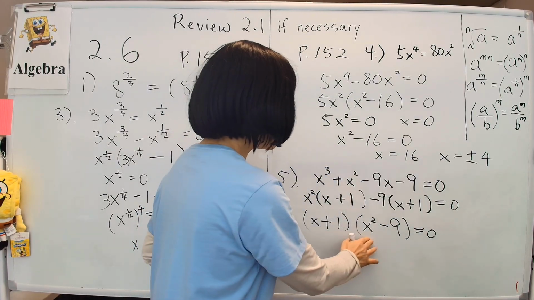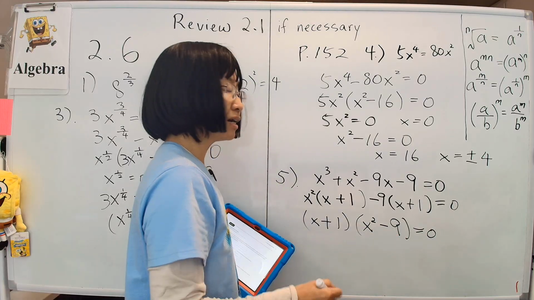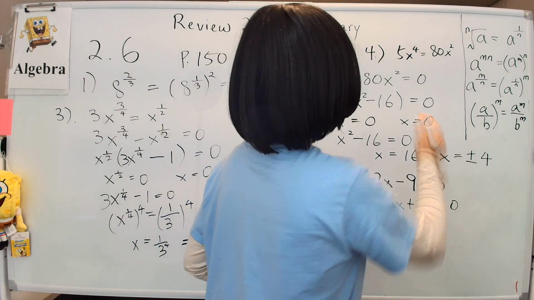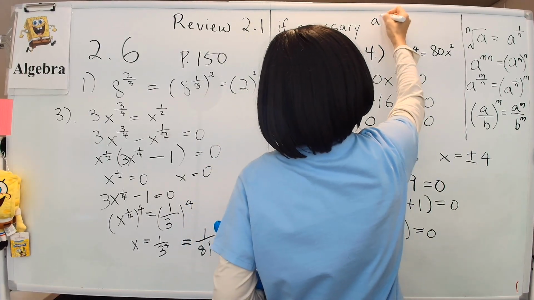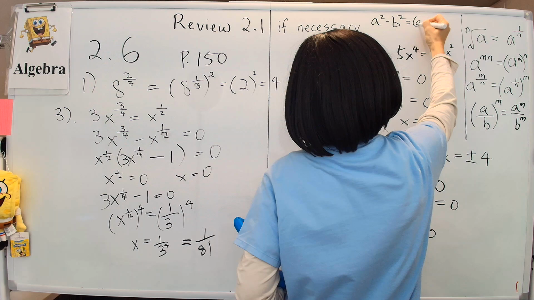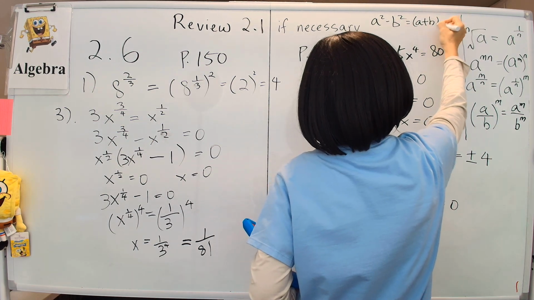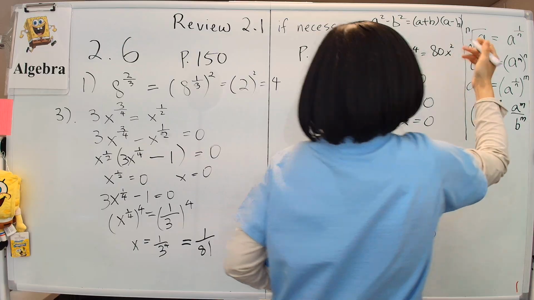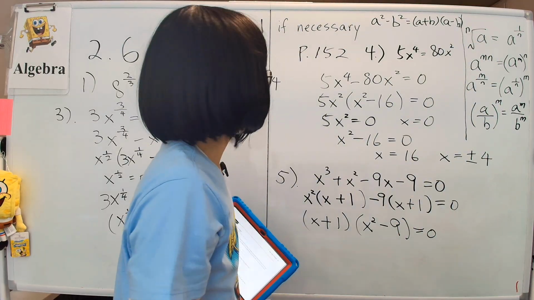And then x squared minus 9 is the good old perfect square difference of squares. Okay, and I'll write that again. It seems like I write this every time. a squared minus b squared equals a plus b times a minus b. This is something that you need to memorize or just learn it as part of your being.